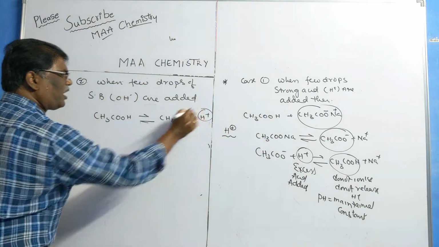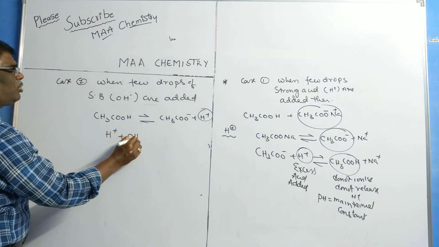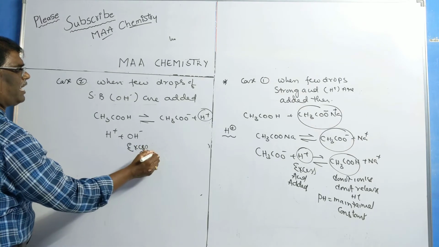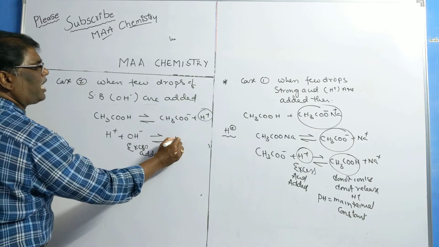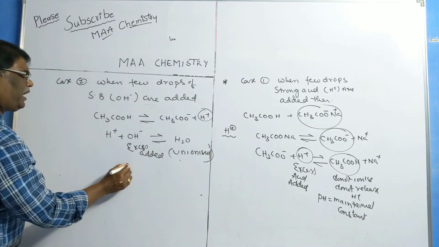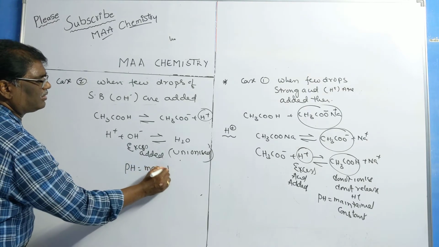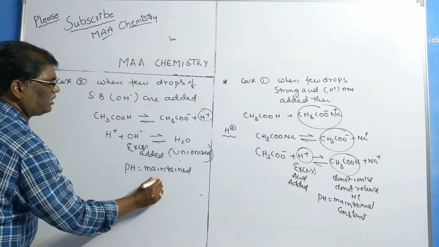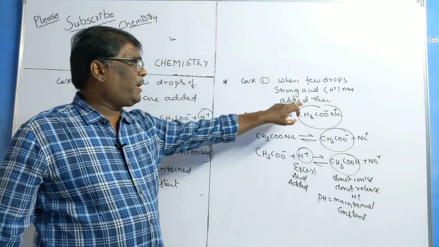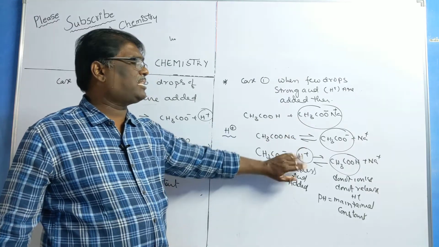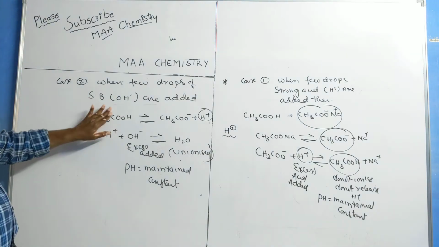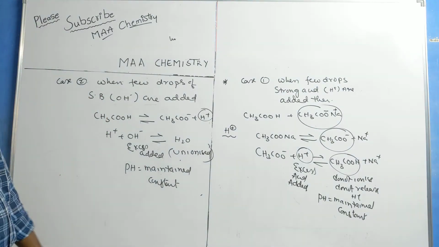The H+ thus formed combines with the excess OH added and gives unionized water. Thus the pH is maintained constant. Now listen to me. When acid is added, the base part comes into action and neutralizes the H+ added. When base is added, the acid part comes into action and neutralizes. Thus the pH is maintained constant.